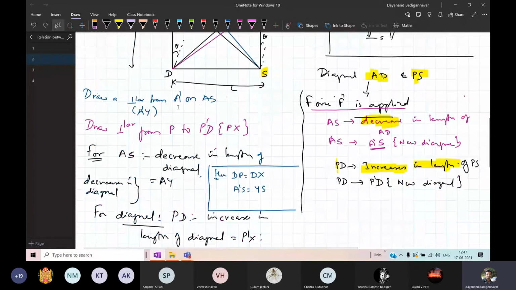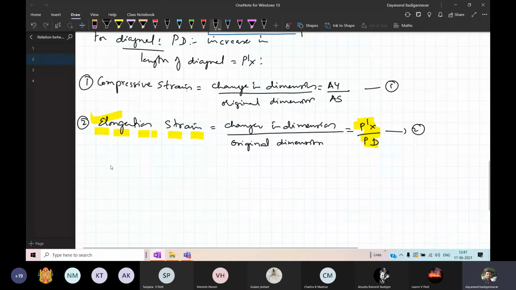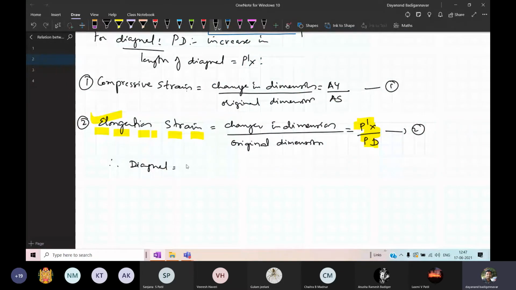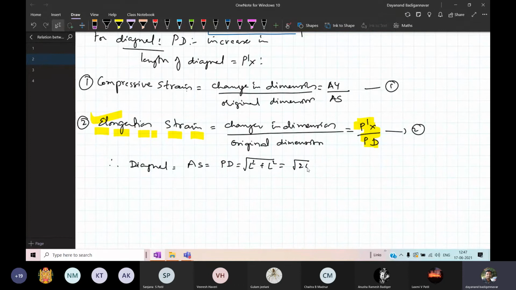Therefore I can write the diagonals: AS as well as PD are equal to root of L square plus L square, which is root of 2L square, that is equal to root 2 L. So AS is equal to PD, which is equal to root 2 L.